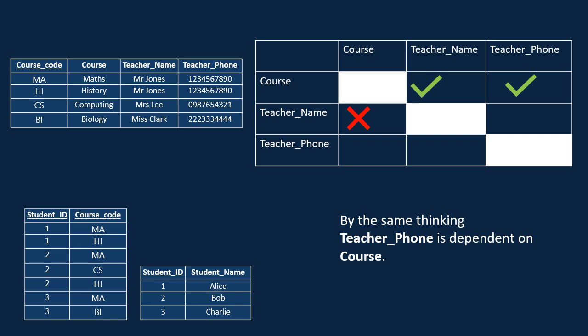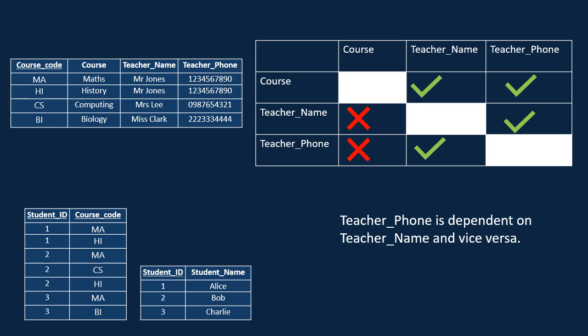Now, without going into too much detail, using the same thinking, teacher phone is dependent on course in the same way that teacher name is dependent on course. And for the same reason as teacher name, course is not dependent on teacher phone.